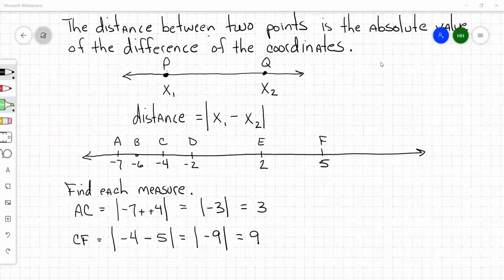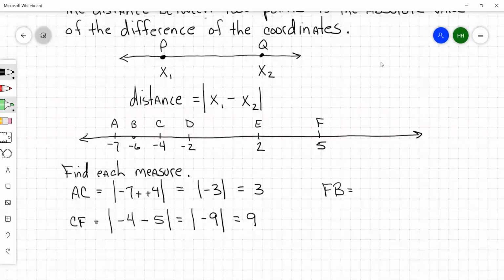Let's try F to B. FB, try it on your own. I'm going to do it, but I'm not going to say anything, and then you can look up and check your work.